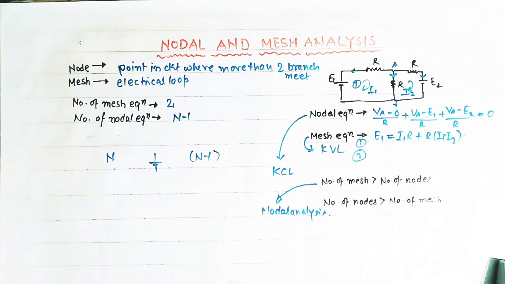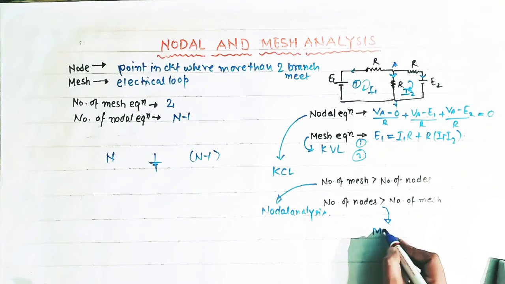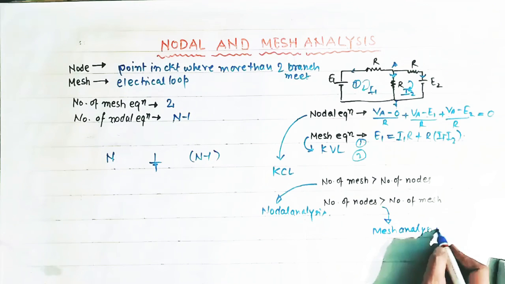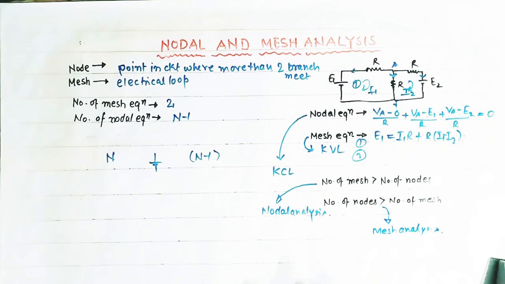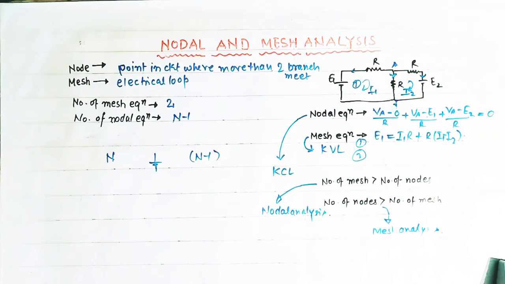And if a circuit has more nodes than meshes, then it is better to apply mesh analysis, because there are fewer meshes, so we will get fewer KVL equations, while in the other case we get fewer nodal equations. That's why the number of nodes or meshes decides the effective method to solve a circuit quickly.